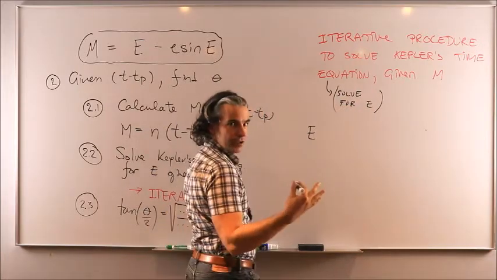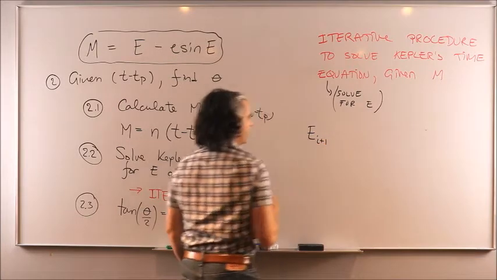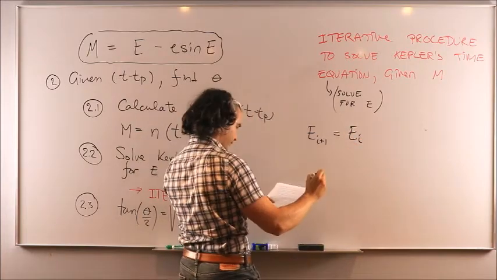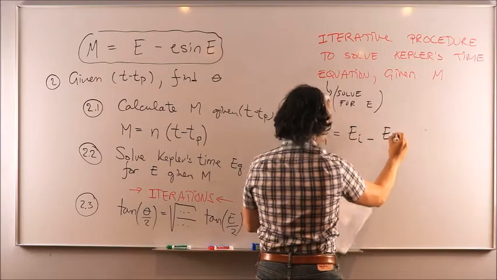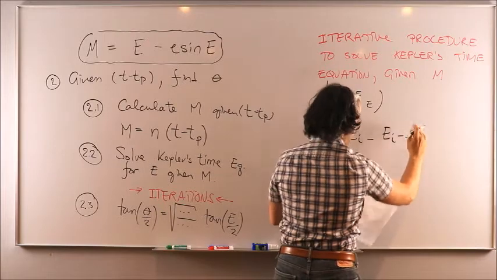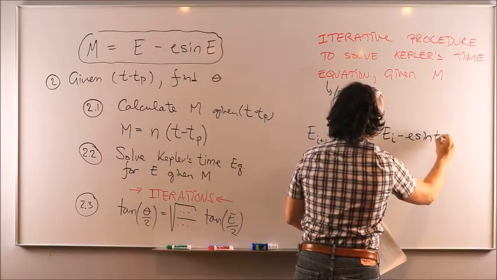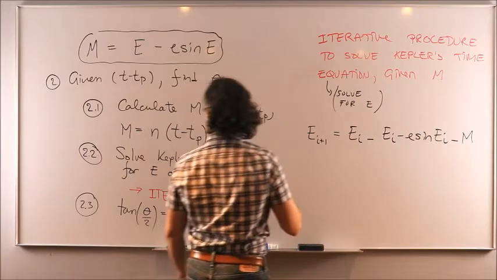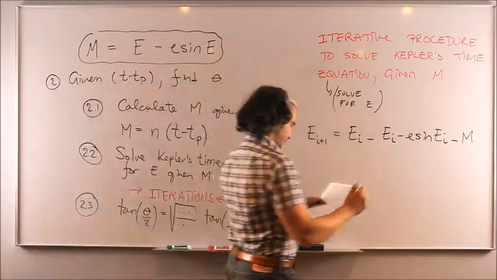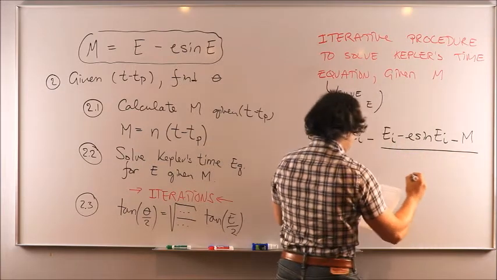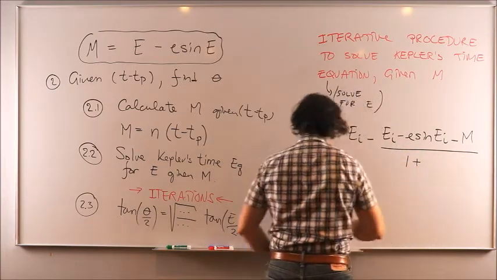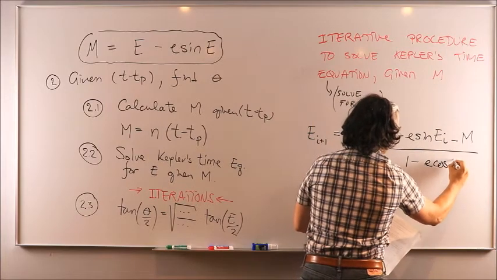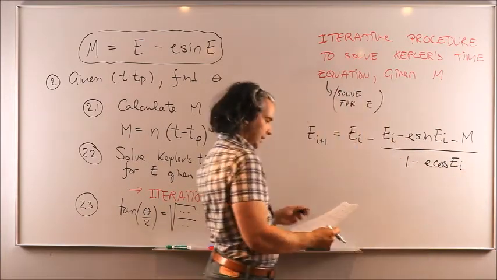So this is an iterative procedure, so the next iteration on your eccentric anomaly will be equal to your previous iteration minus the previous iteration minus eccentricity sine your previous iteration minus the mean anomaly, which you have from before, and all of this divided by 1 minus E cos the previous value of the eccentric anomaly.